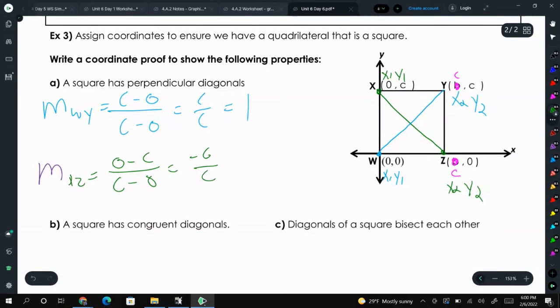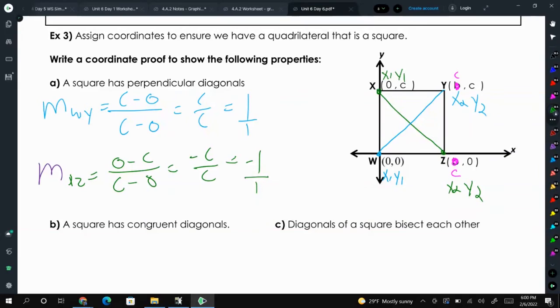So we get negative c over c, which is negative 1. Those are opposite reciprocals because remember, 1 can be written as 1 over 1. Negative 1 can be written as negative 1 over 1. Those are opposite reciprocals. So that means those two lines are perpendicular.